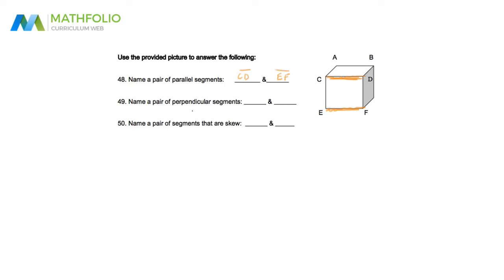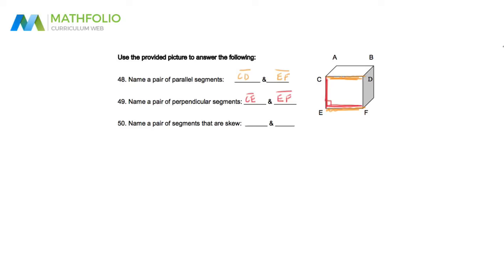Okay, name a pair of perpendicular segments. Well, we could keep the one at the bottom. So this one here at the side and this one at the bottom, they are perpendicular. So we've got segment CE and EF.